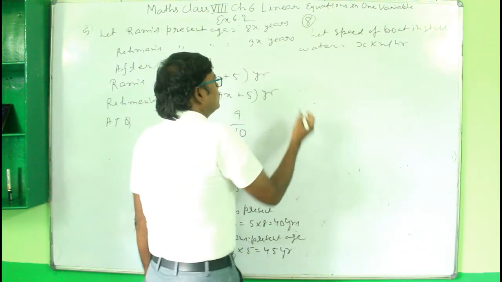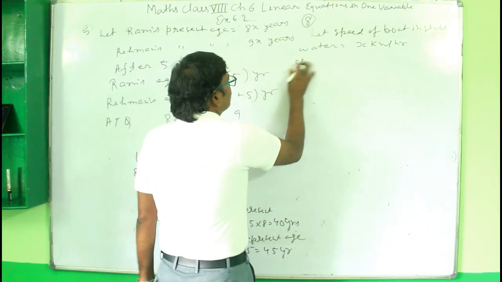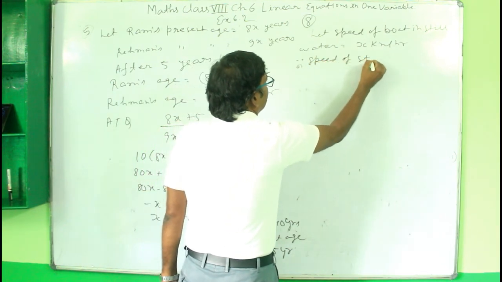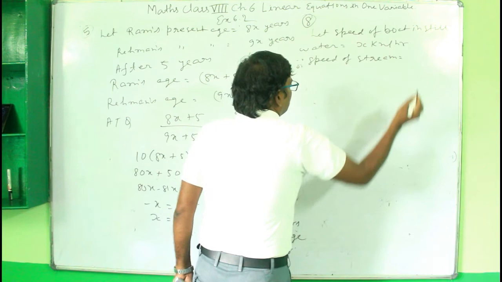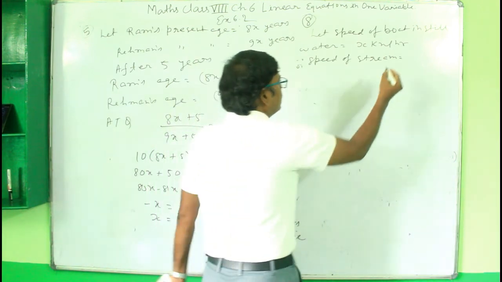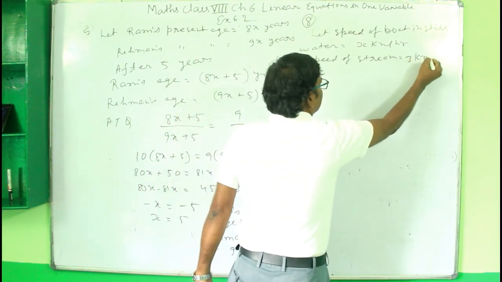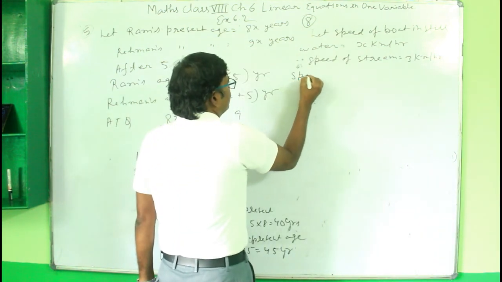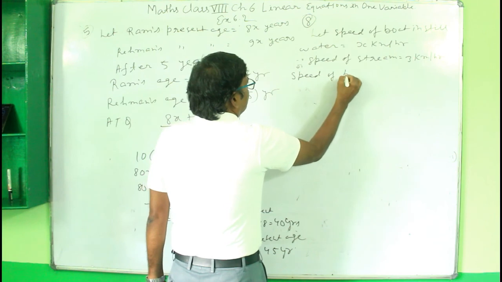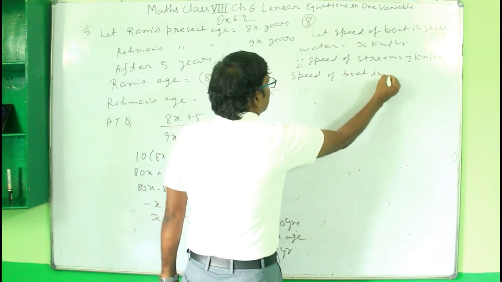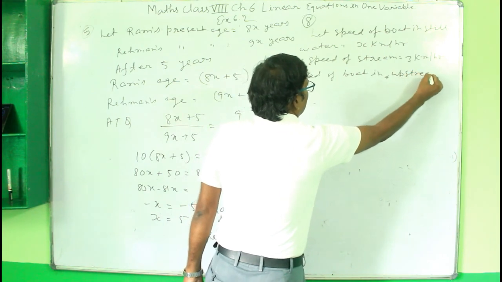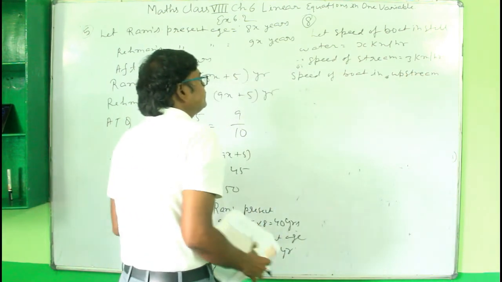Then the speed of stream equals 3 km/h, it is given. So the speed of the boat in upstream equals how much?